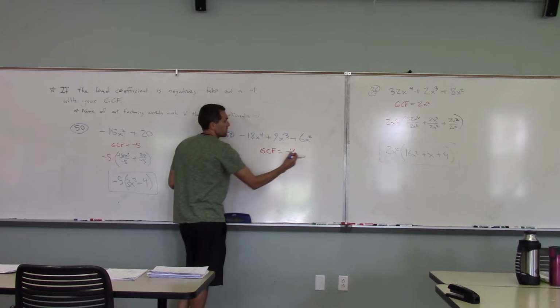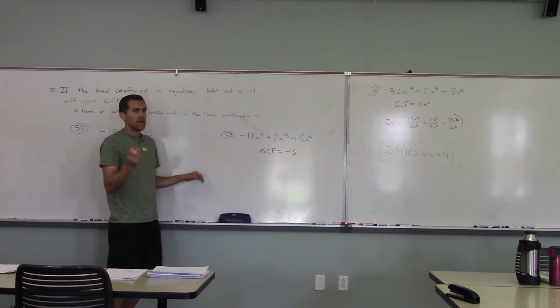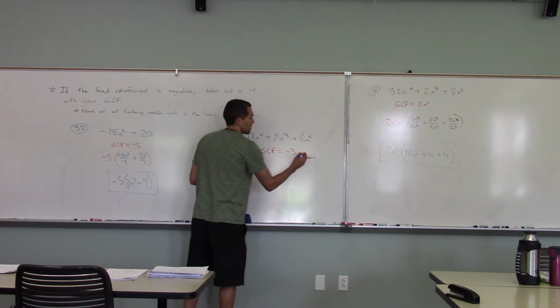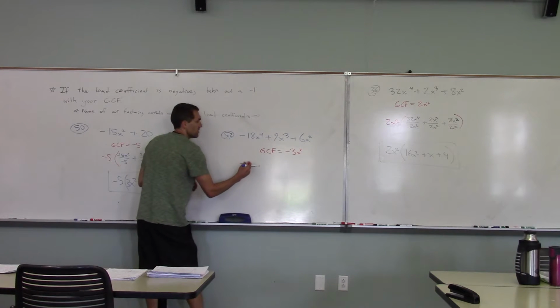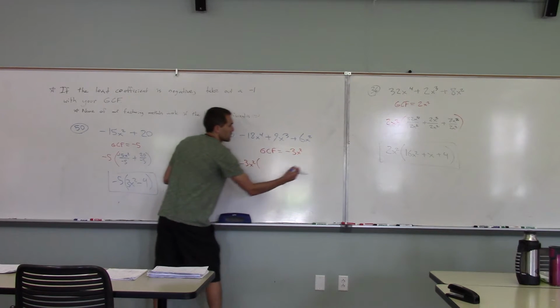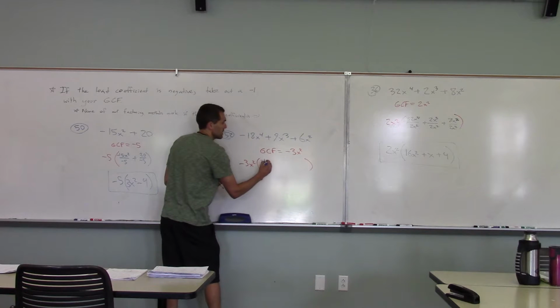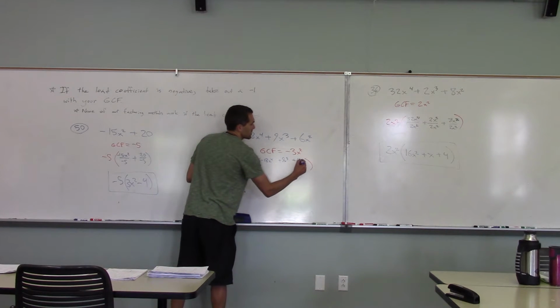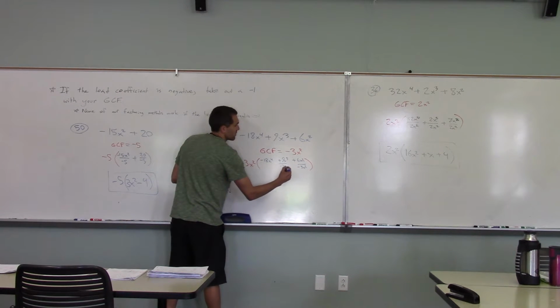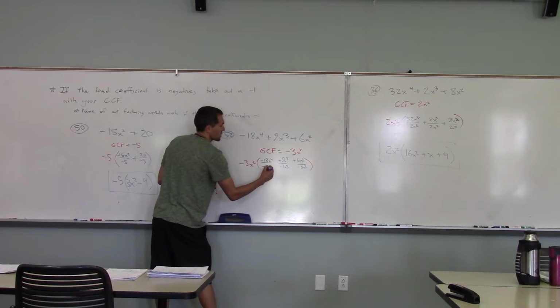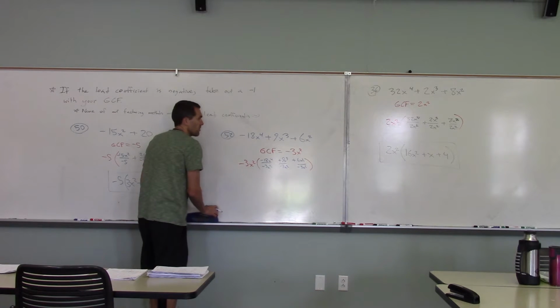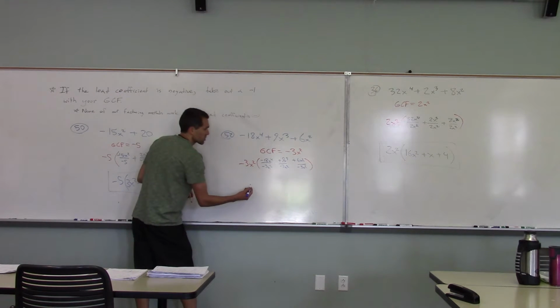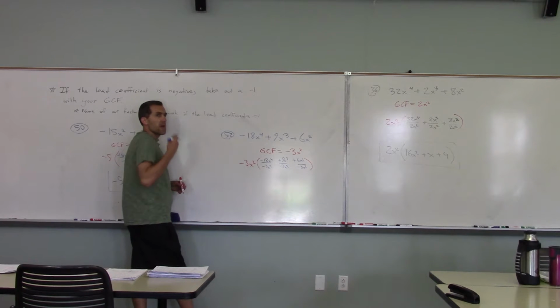Okay, what's the GCF on this one? -3x squared, -3 being the number, x squared being the variable. So we have -3x squared times something. And then we just do -18x to the fourth, plus 9x to the third, plus 6x squared, each divided by that GCF. Again, this will become such second nature you won't need to write this step, but it's a great habit to start with, so you can always fall back on it.